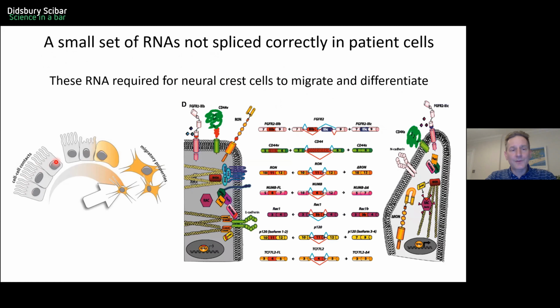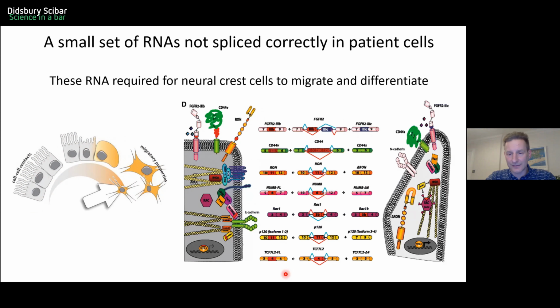So what happens with these neural crest cells is they start off like this, where they have cell-cell contacts, and then they change their splicing program to become these migratory cells that then go on to the different parts of the head and then differentiate into the different cell types and the different structures. So you can see here that there's a number of different genes that have different splicing.